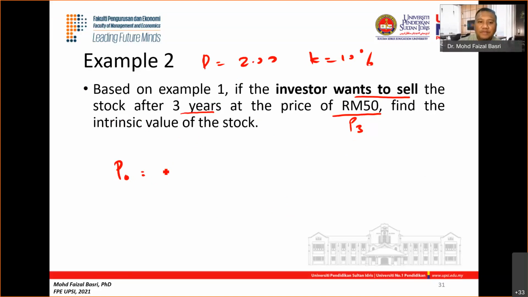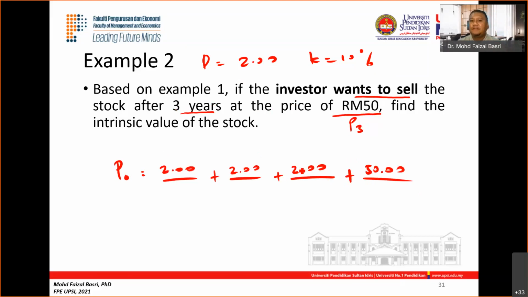So our dividend will be RM2 every year. Okay, plus RM2 for the second year, plus RM2 in third year. Remember our concept, we're going to discount the dividends according to the time, the years, and we're going to discount the price. So meaning we have multiple dividends with one price. And this price will be price in year number 3, RM50.